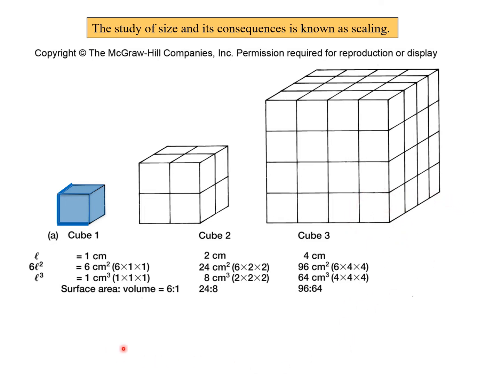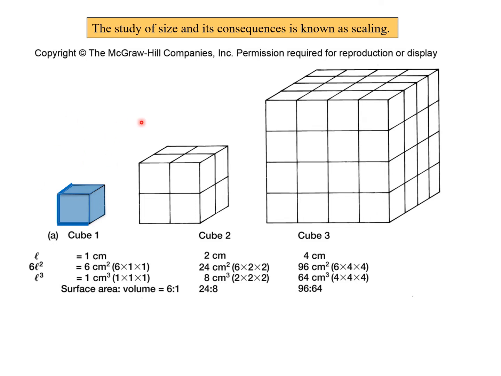So the bigger an animal gets, if something is scaling isometrically, as it increases in size, the surface area does not increase in proportion to the volume. And so if an animal is relying on surface area of the skin, for example, for gas exchange, like amphibians do, this becomes an issue.